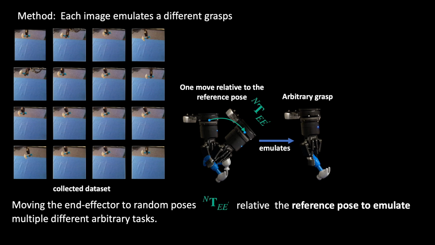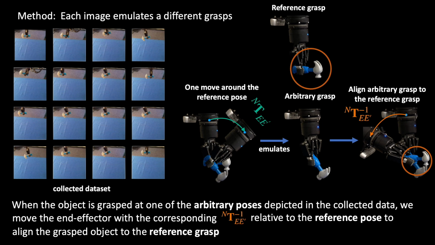When collecting self-supervised data, we record an image of the robot and the object as well as the corresponding transformation NTEE prime. An example of the collected dataset is shown on the left. Consequently, each data sample comprises a tuple of the image captured from the external camera and its corresponding NTEE prime.